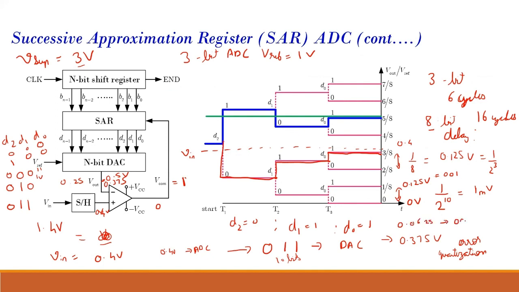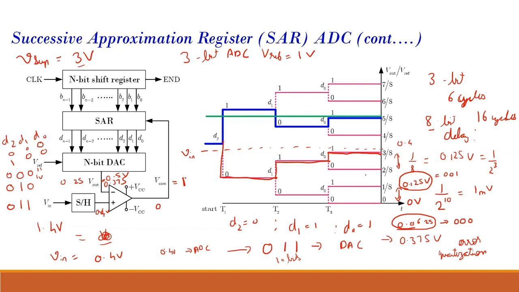It will still show me 0, 0, 0. Such a small value it is not able to detect. So the resolution is 0.125 volt, and only changes greater than 0.125 volt can be detected by the ADC. Resolution we can understand, sir.